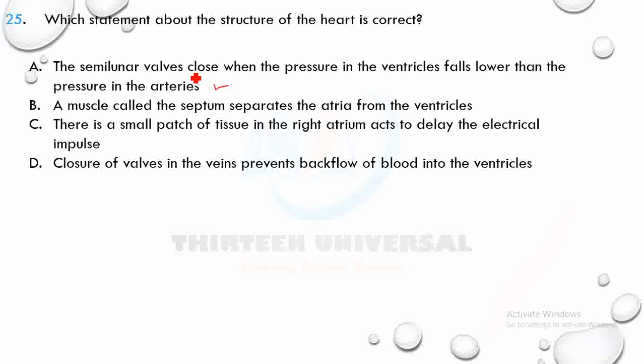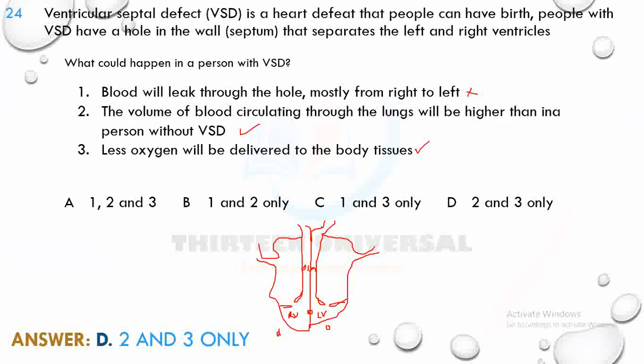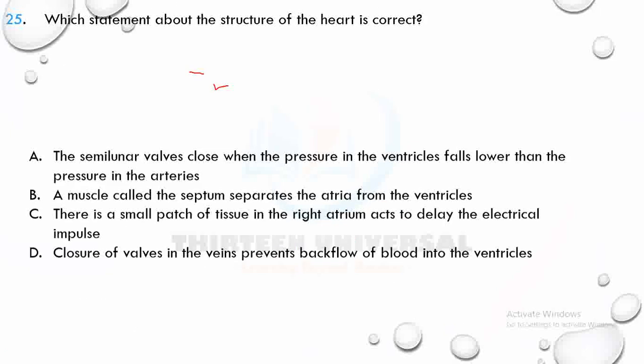So it has to close. Should I show you that? Look at it. When there's more pressure here and here compared to the ventricles, these valves will close so that blood does not flow backwards. That's what I'm trying to say.